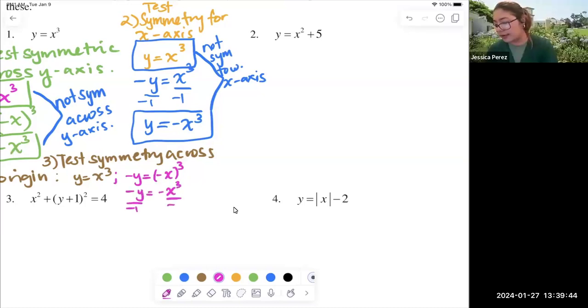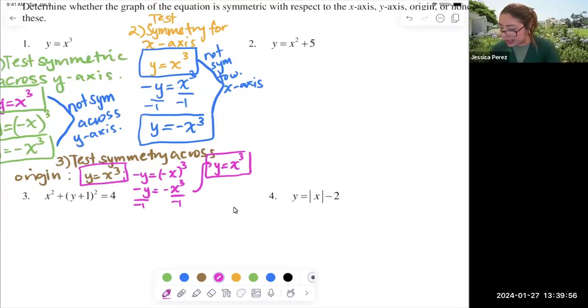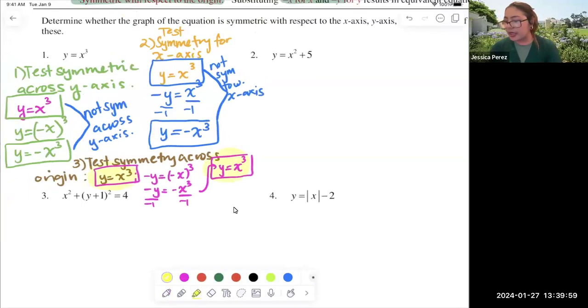Divide both sides by negative 1. y equals x cubed. Oh, look, this and this are the same. Because they're the same equation, my answer is that y equals x cubed is an equation that is symmetric towards the origin only. So that's our solution.